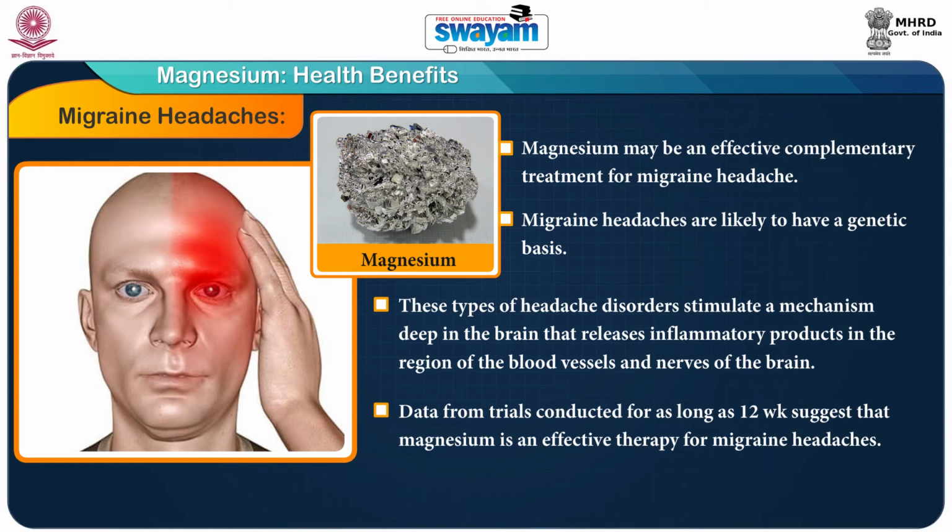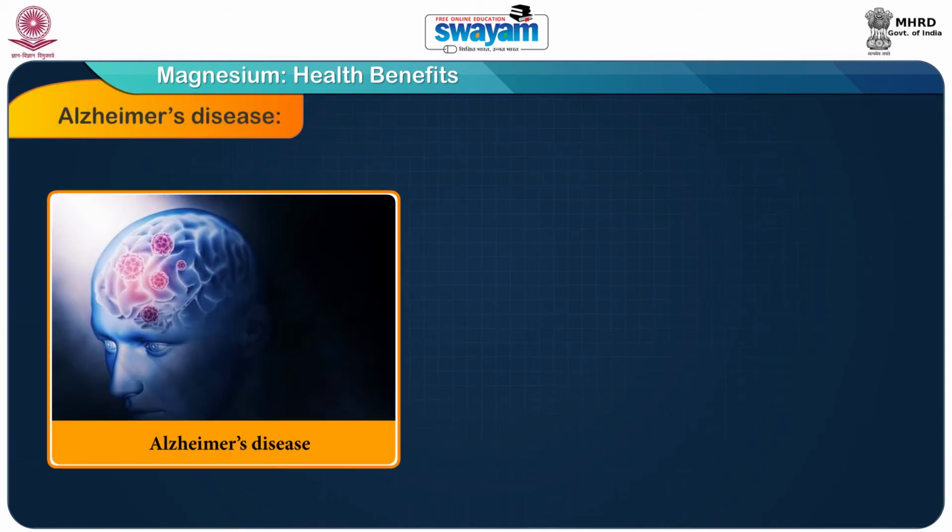Now, coming to the relationship of magnesium to Alzheimer's disease. Alzheimer's disease is the most widespread reason for dementia. We now know that due to the longevity of age, the prevalence of Alzheimer's disease has increased in the present days.